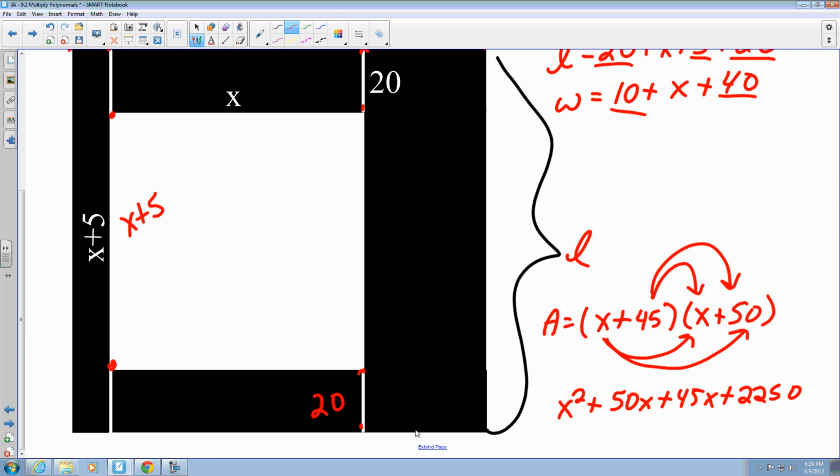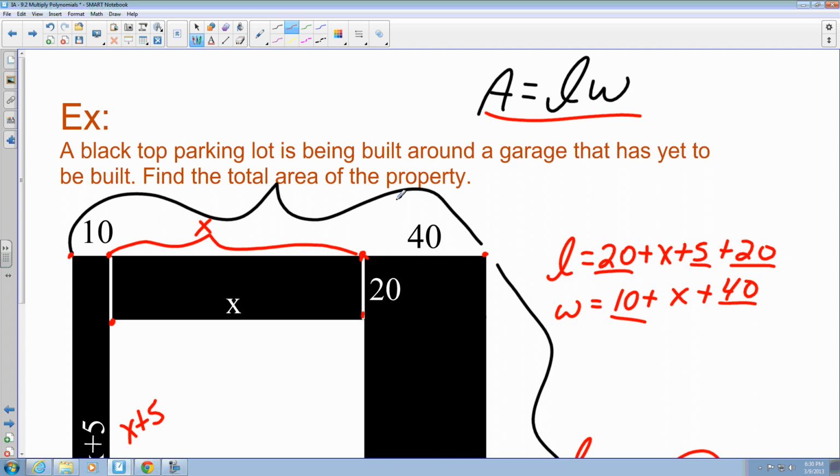So by combining these two like terms, I'll get x squared plus 95x plus 2,250. And if they ended up giving us a value for this particular x, we could then solve it, giving it one numerical value. But since they don't, this is our answer. This is the area of that particular property.